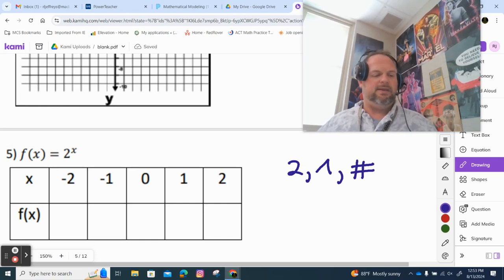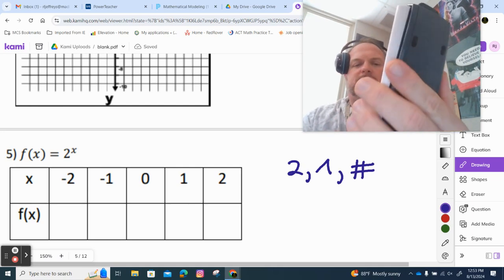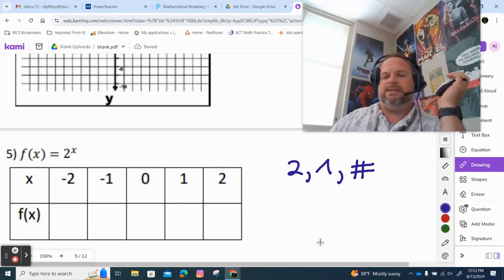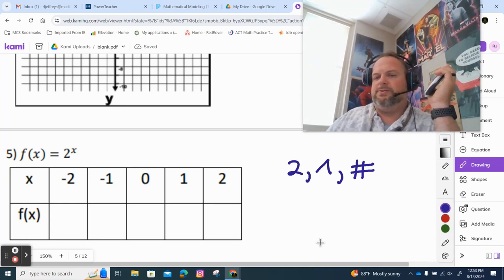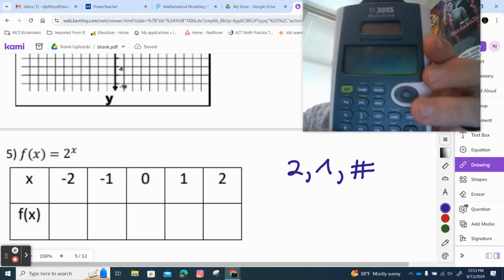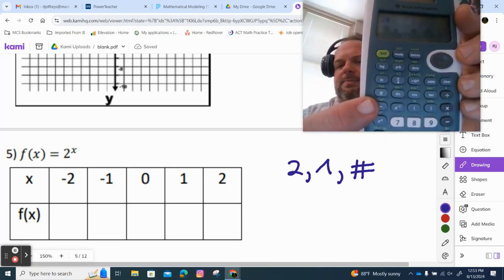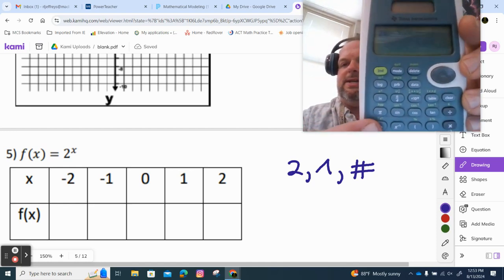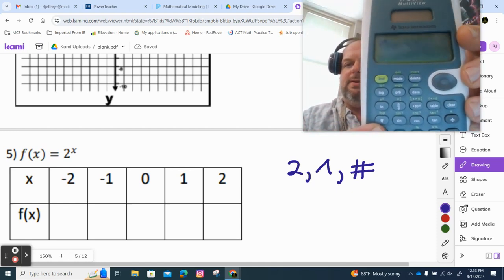First, this is actually how you type these in. You're going to use these keys on your calculator. So you're going to hit 2. Use this button right here that's above the x squared. It's called the caret key, but I call it the raise the roof button.